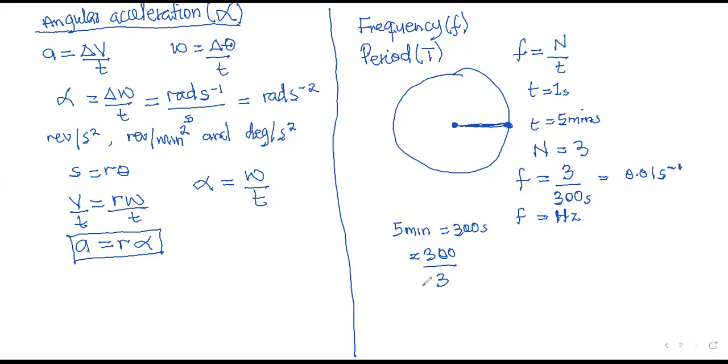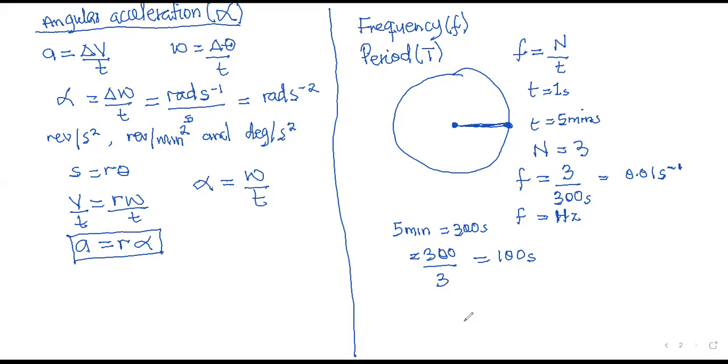Okay. So yes, this will give us 100 seconds. What it means is that Mamiya took 100 seconds for each complete revolution. And that is the period. Okay.